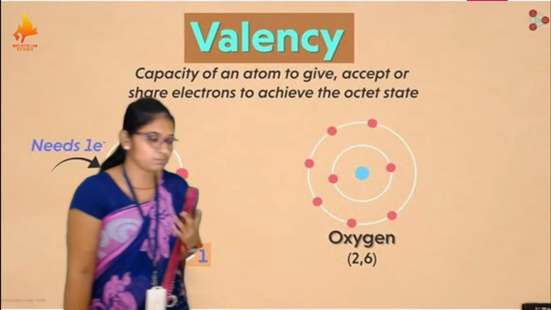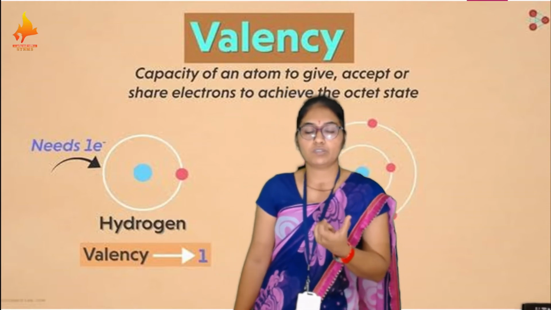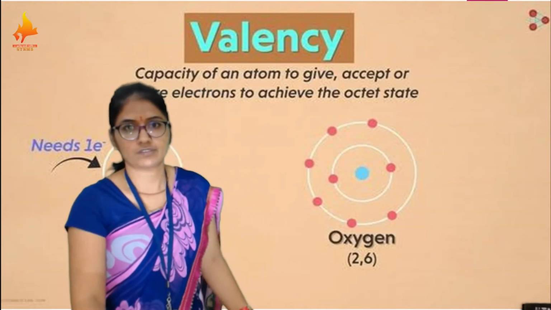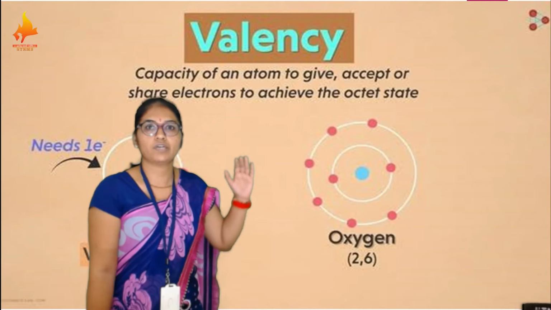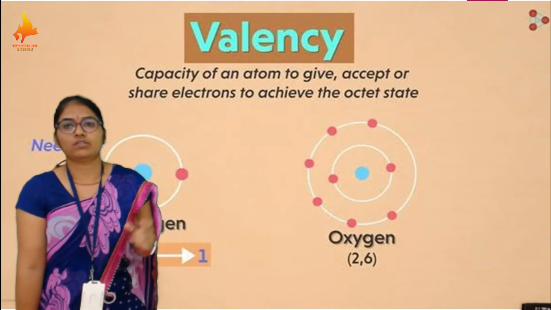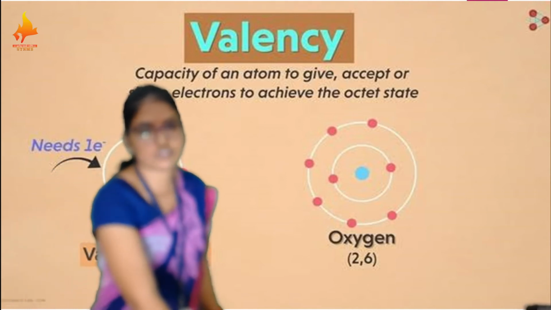Helium has a maximum of 2 electrons in the last shell, and we can say that helium is an inert gas. So valency is the tendency of an atom to donate, accept or share electrons to complete the outermost shell with 8 electrons, following the octet rule.